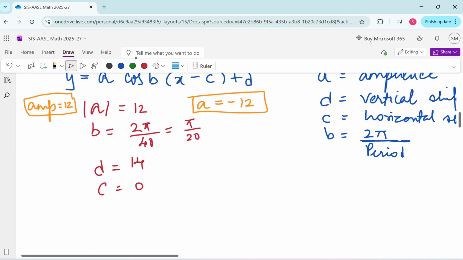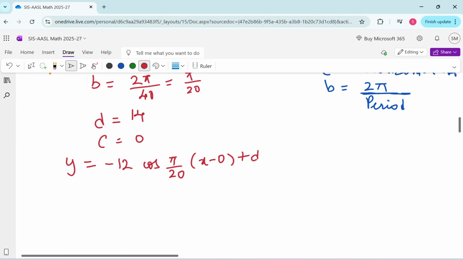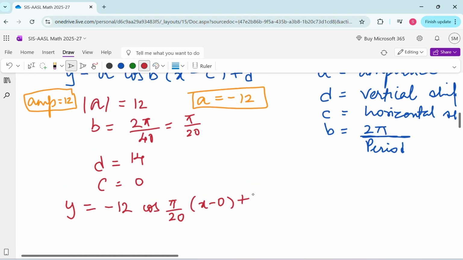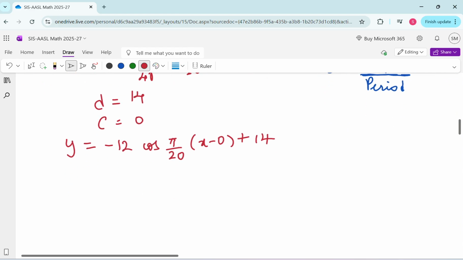So using all these details, our expression is going to be y = -12 cos(pi/20 x - 0) + 14. We need not write the 0. I substituted for D, which is 14. Now I can just write it once again: -12 cos(pi/20 x) + 14.